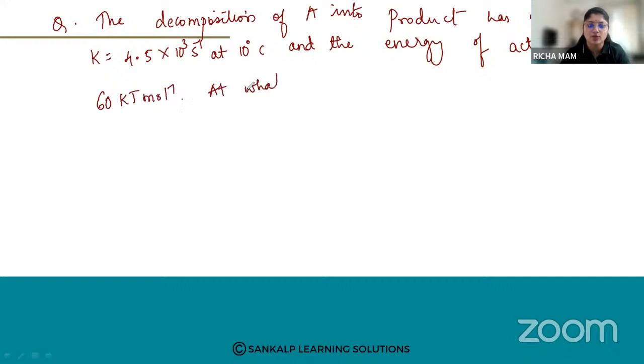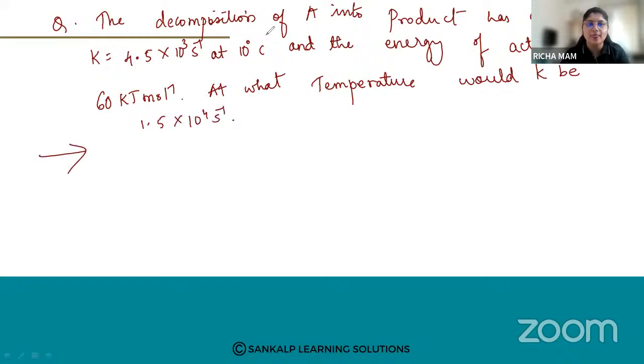At what temperature would k be 1.5 into 10 raised to 4 per second? So this is the question. The decomposition of A into product has a value of k.